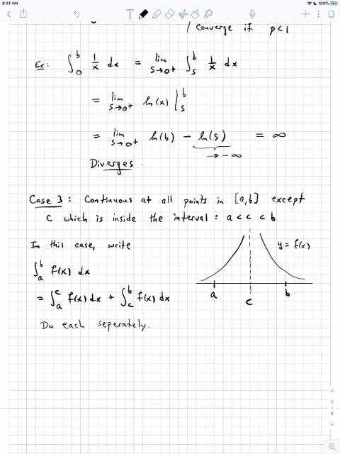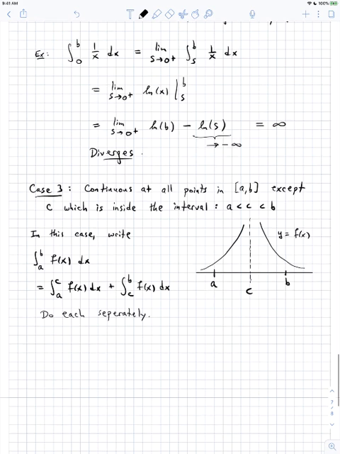If either one of these diverges, then the sum diverges. That's what I meant to say. So if either one diverges, then the integral from A to B of f of x dx diverges.